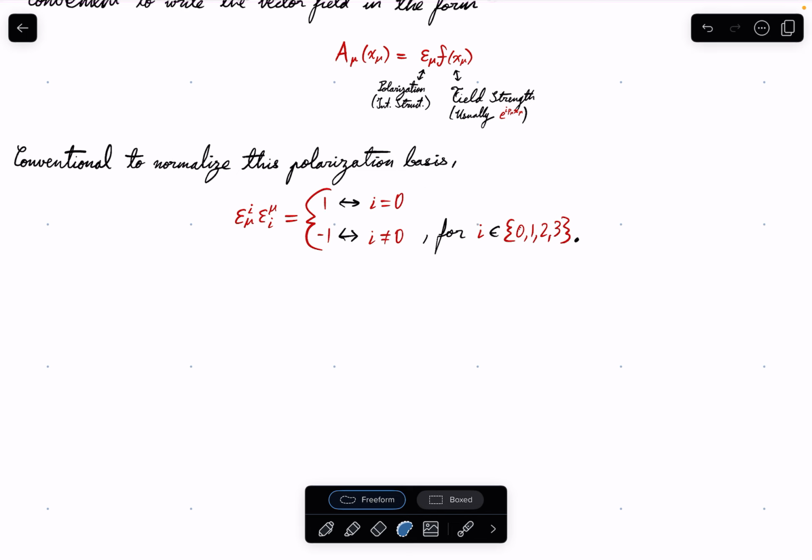So essentially this basis satisfies the Minkowski metric.